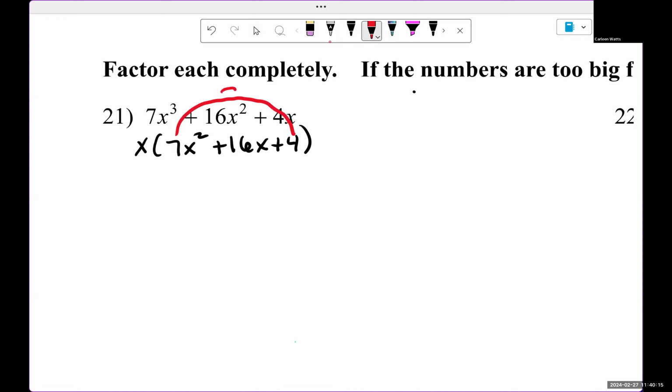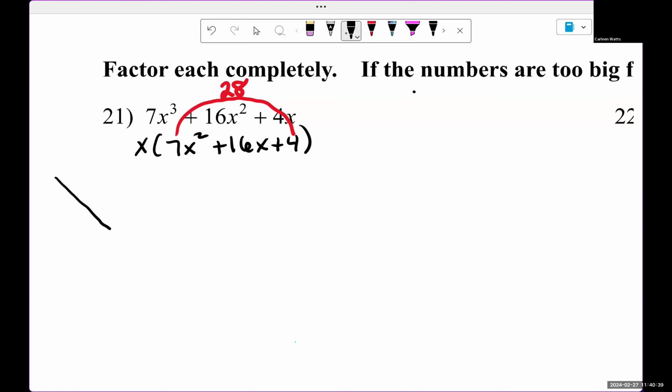7 times 4 is 28. That's horrible. Okay, next step. Diamond.